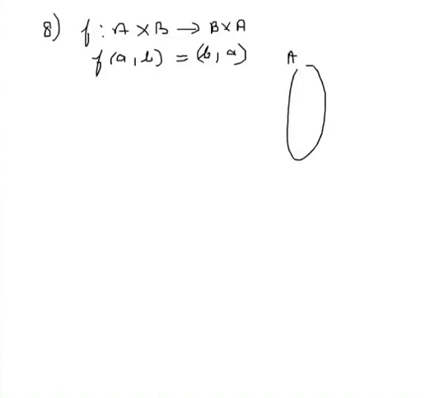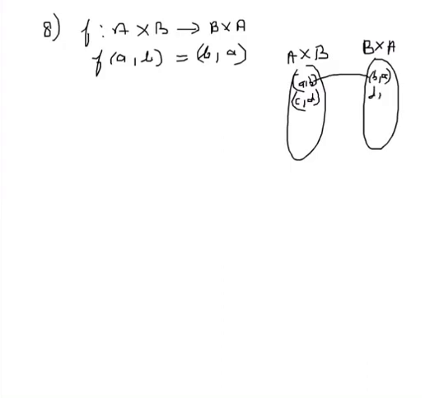Here this is the A cross B set and this is the B cross A set. So if you have an element (a, b) here, definitely (b, a) will be here. And if you take (c, d) here, (d, c) will be in B cross A. We have to prove that it is a bijective function.